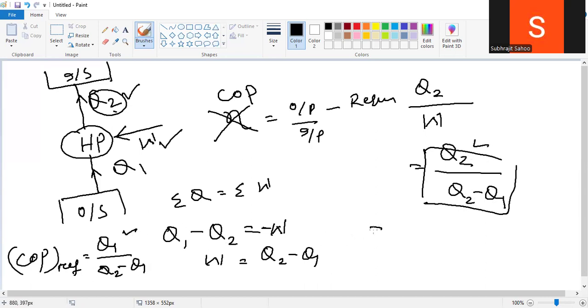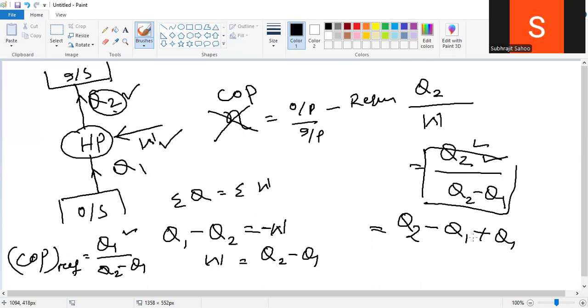So let me simplify this once again. Observe. Can I write this one as Q2, Q2 minus Q1 plus Q1 in the numerator, with denominator Q2 minus Q1? Here only Q2. So what I have done: I subtract one Q1 and I add one Q1.